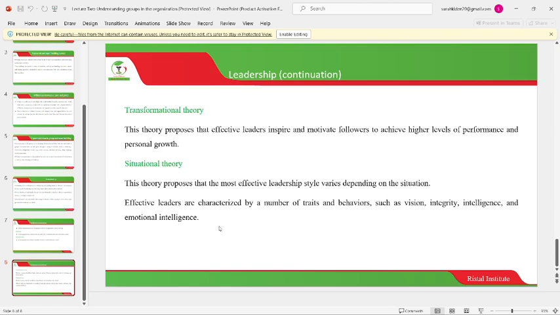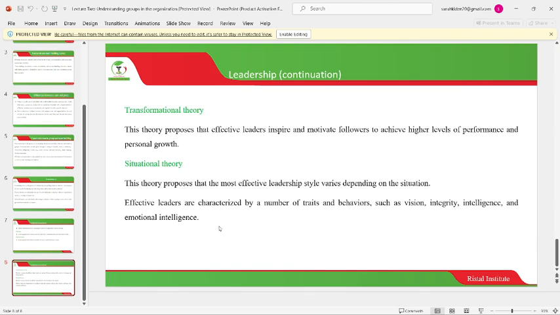And we have emotional intelligence, which is the ability to recognize, understand, and manage your own emotions and those of others. How do you understand your own emotions and also those of your followers?